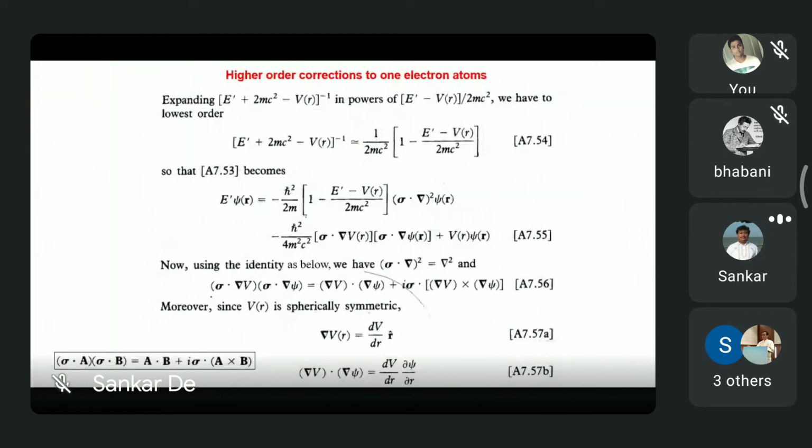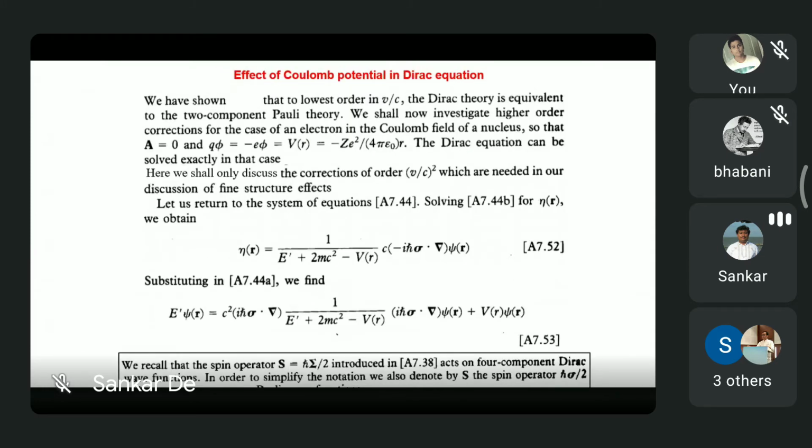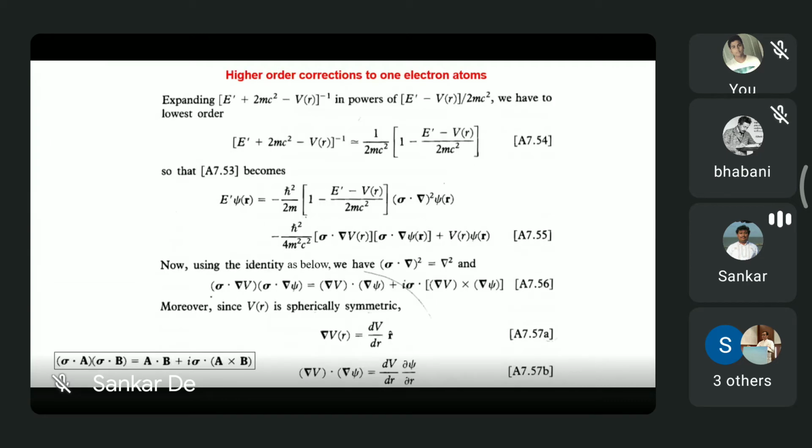Fine. So now we have in the denominator E dash plus 2mc square minus Vr, and now we expand this denominator in powers of E dash minus Vr by 2mc square. We have to go to the lowest order. So 1 by E dash plus 2mc square minus Vr, we can write as 1 by 2mc square times 1 minus E dash minus Vr by 2mc square.